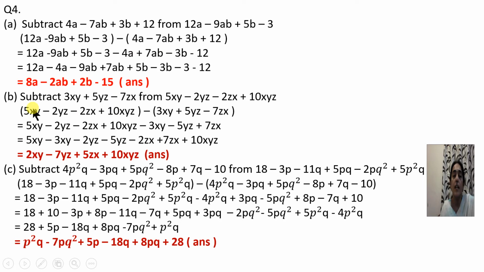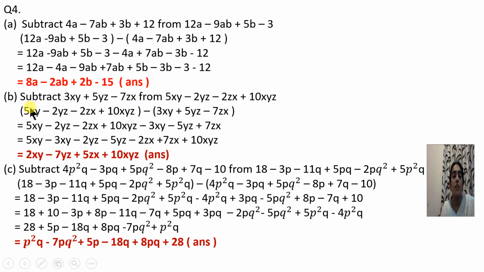The next question. Subtract 3xy plus 5yz minus 7zx from 5xy minus 2yz minus 2zx plus 10xyz. We will write this first in the bracket, then write minus and then 3xy plus 5yz minus 7zx.